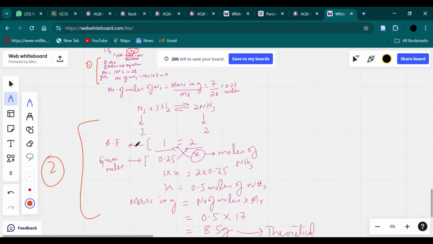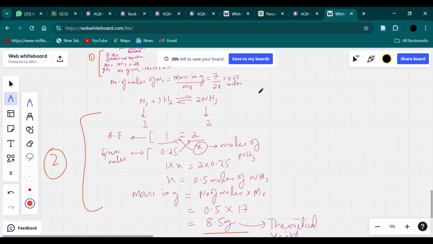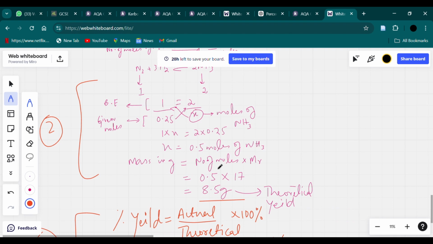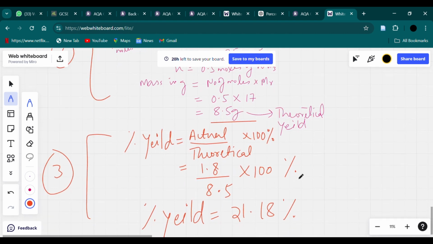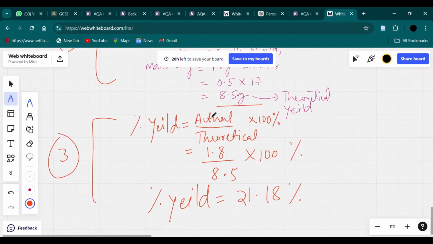Now in the second step we found the moles of ammonia through the ratios, then converted the moles of ammonia into gram, and this mass of ammonia is the theoretical yield. Then just substitute the actual yield and theoretical yield in the formula and you will finally find the percentage yield.